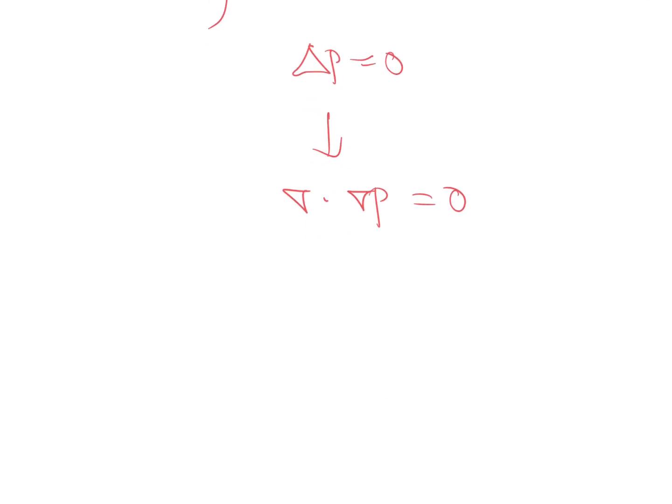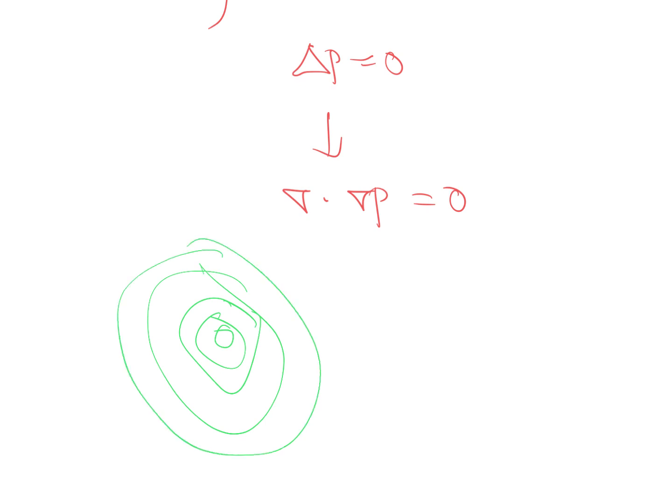Okay, so let's say I have a scalar field that looks like this. So what is the gradient? The gradient is the field related to the change along the two Euclidean space coordinates. This is basically a vector.